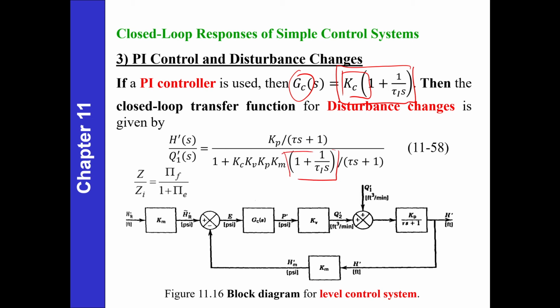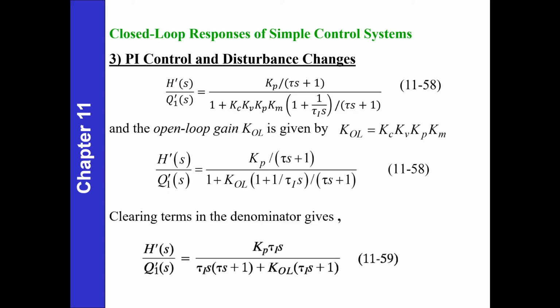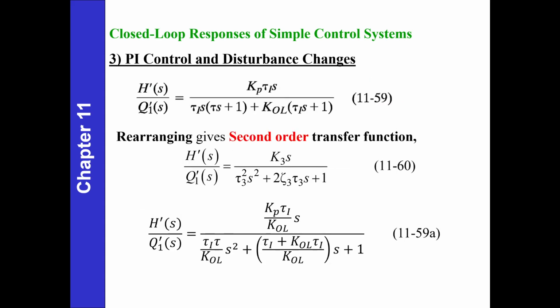It's more complicated, okay? And the rest is the same until you get a second order process. The closed loop transfer function itself is second order, compared to previously, where it was first order.